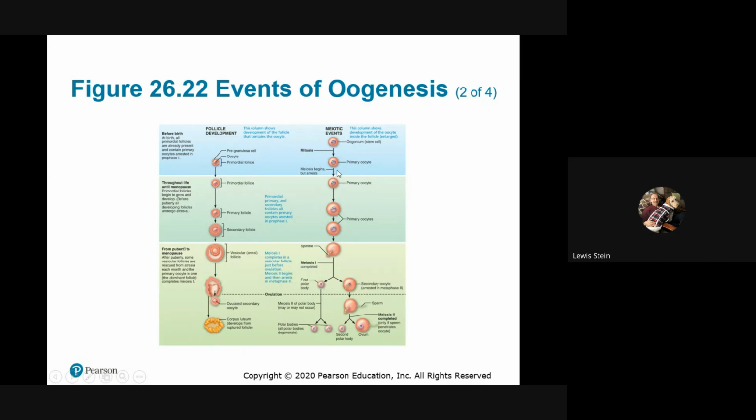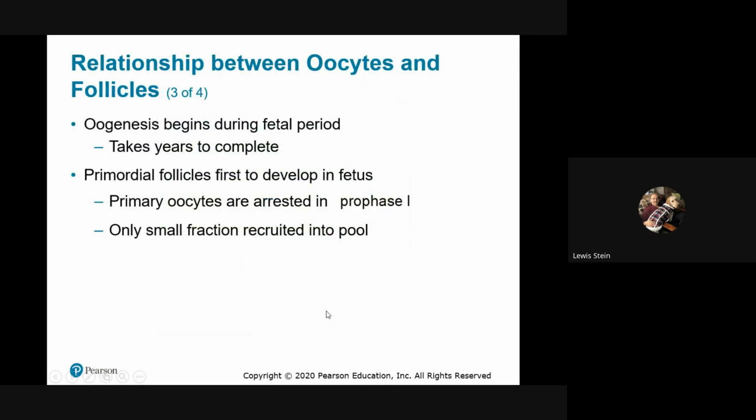And then these are the meiotic events that occur during that time. As you can see, it's just basically started here. Even here, they're just completing the first portion of meiosis. It isn't until fertilization that it completes the second part of it. So it takes years to complete, okay?